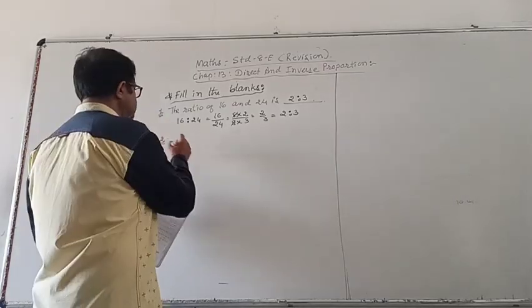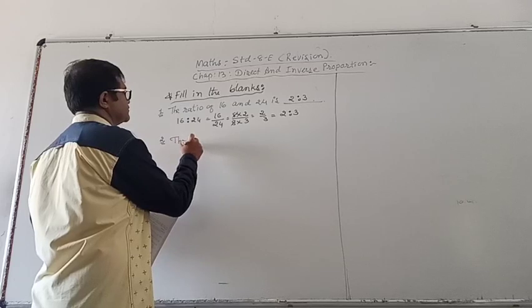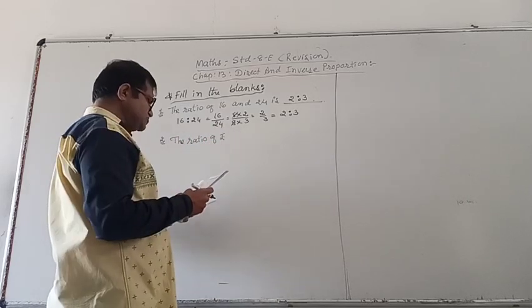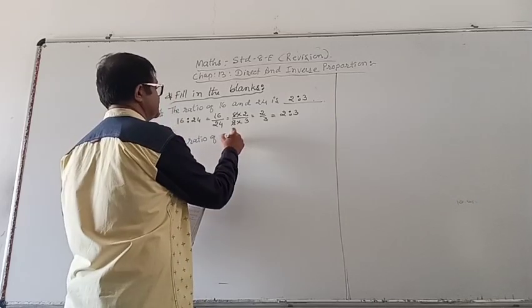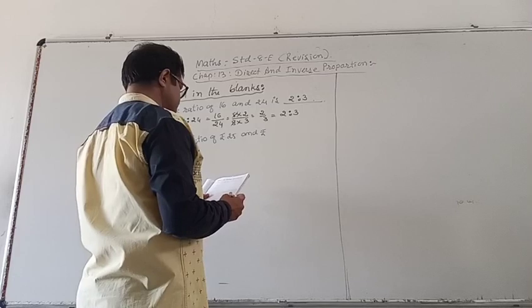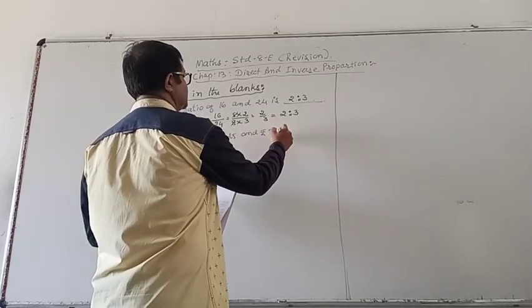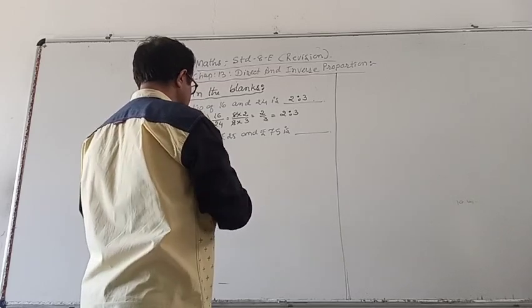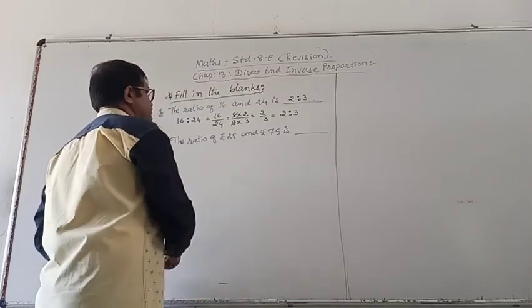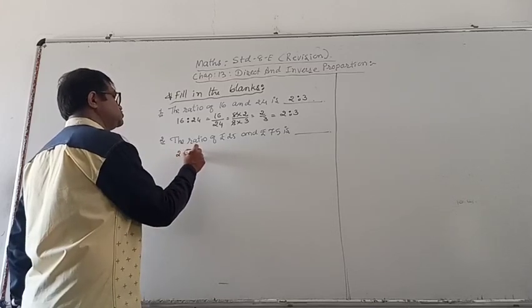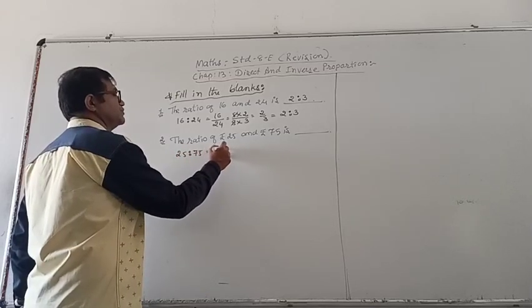Whatever common factors are there, we have to cancel and write the simplest form. Second, the ratio of rupees 25 and rupees 75 is blank. So now 25 is to 75.